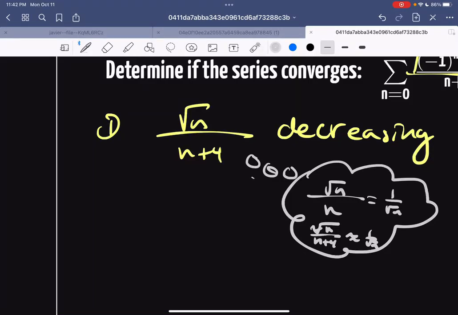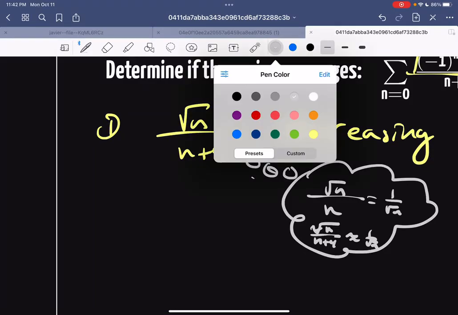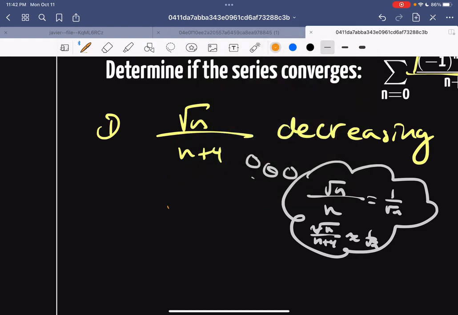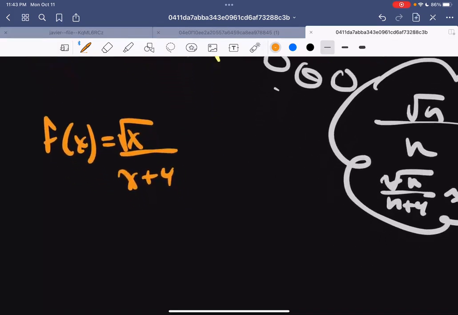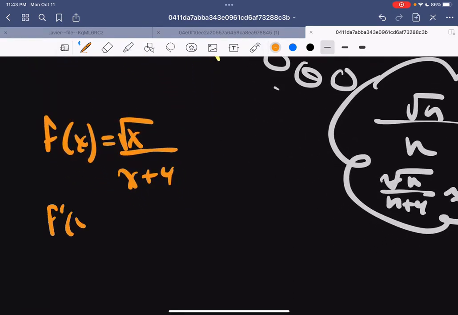Maybe a better, more rigorous argument might be to use the derivative technique. So let's see if we can tackle that. f of x is equal to x divided by x plus 4. So let's look at f prime of x.